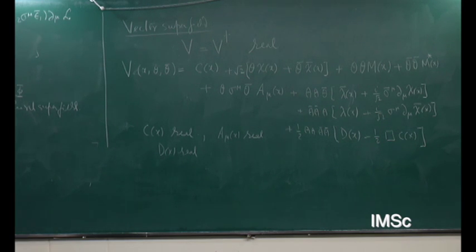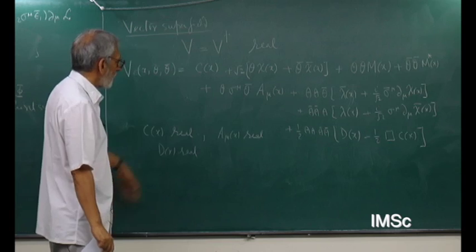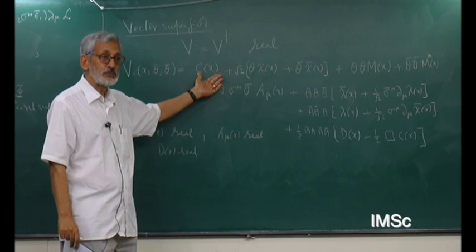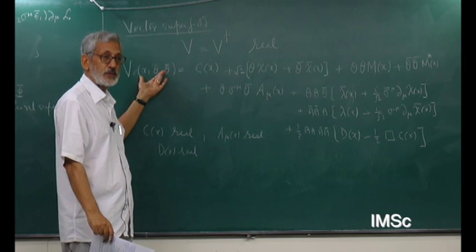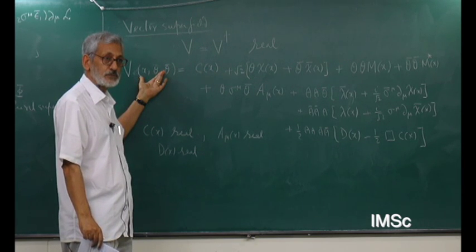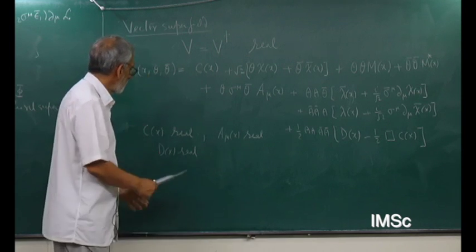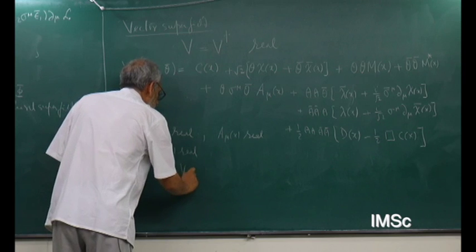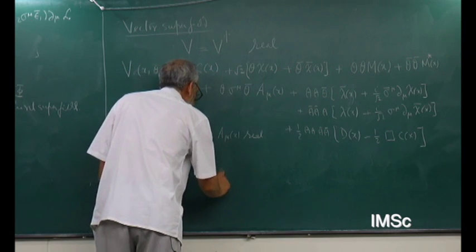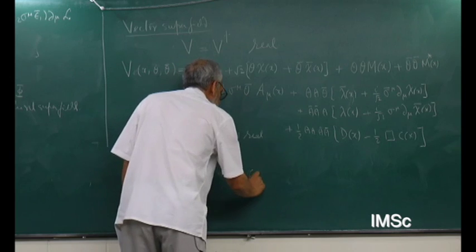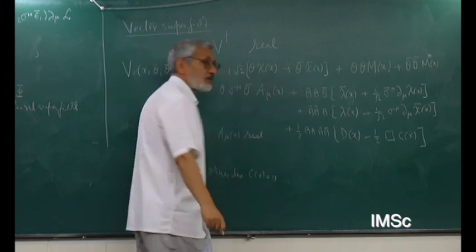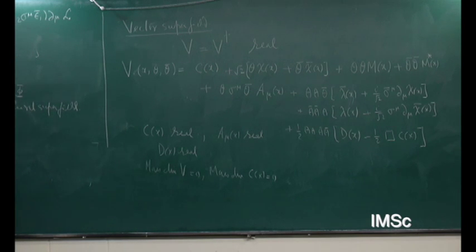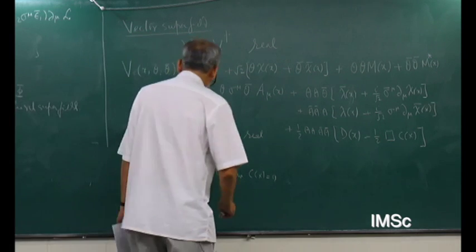And I prescribe mass dimensions to it. Now I prescribe that C is mass dimension 0. So this vector superfield is mass dimension 0. So mass dimension of V is 0. Therefore, mass dimension of this first component is also 0. Then what is the mass dimension of chi?